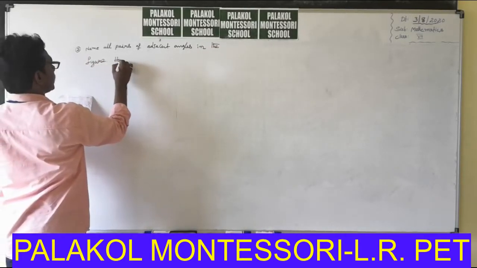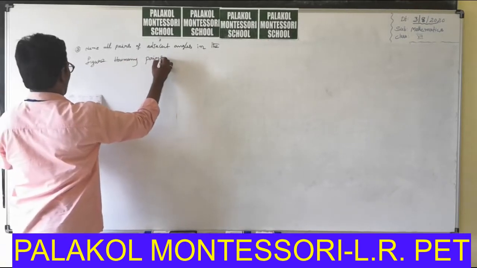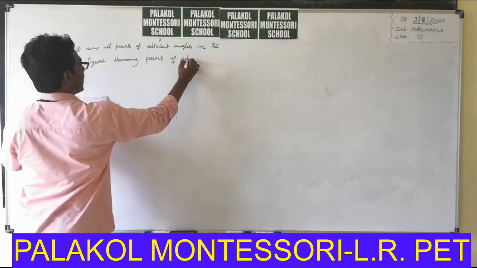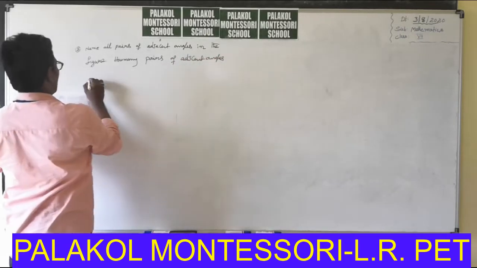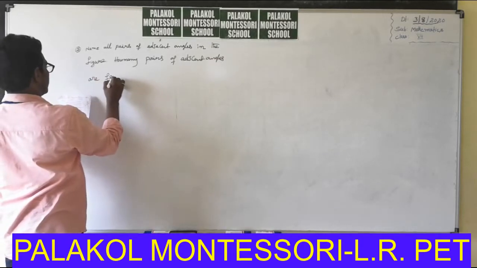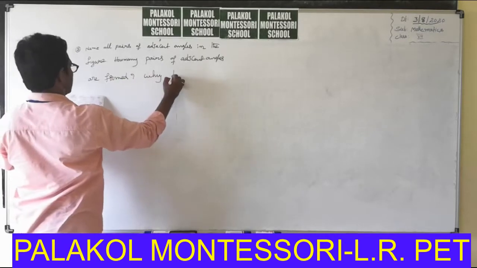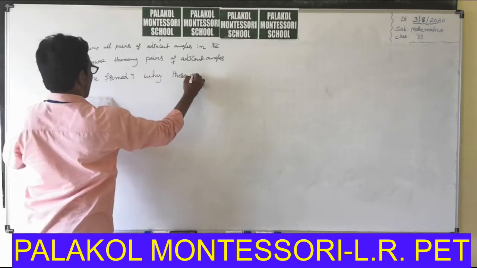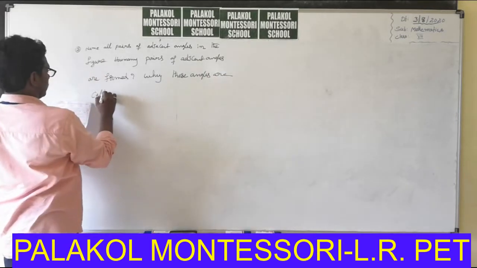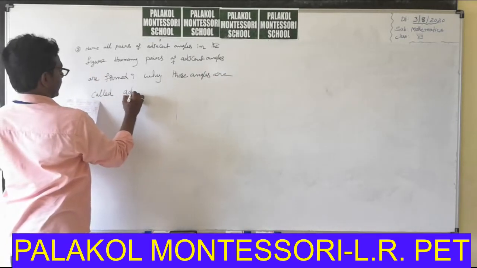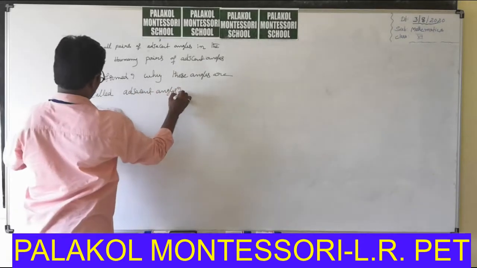How many pairs of adjacent angles are formed? Why? These angles are called adjacent angles. Okay.